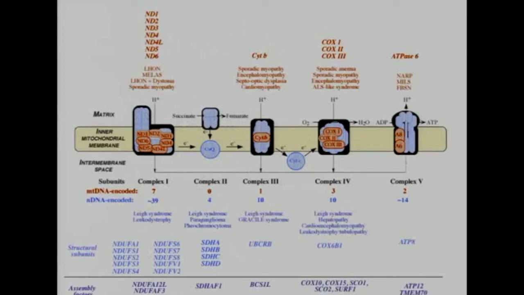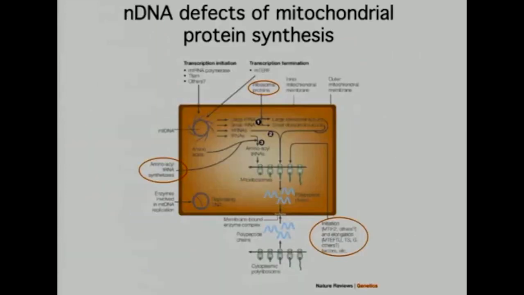So mitochondrial DNA mutations can only cause defects of mitochondrial protein synthesis through mutations in tRNAs or ribosomal RNAs, or they can affect these protein coding genes that are components of the respiratory chain. But nuclear DNA defects can affect many more functions of mitochondria. In addition to their direct hits, just like in mitochondrial DNA, you can affect these subunits. The blue ones here are coded by nuclear DNA. So you can have monoenzymopathies due to these structural subunit mutations. You can have similar monoenzymopathies due to assembly factors that are required by these enzyme complexes.